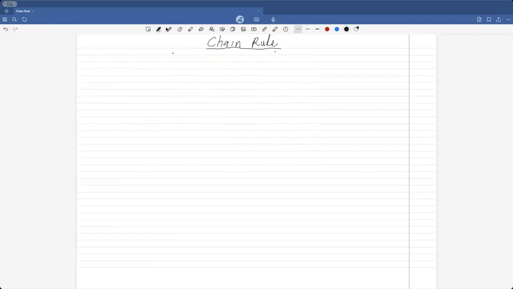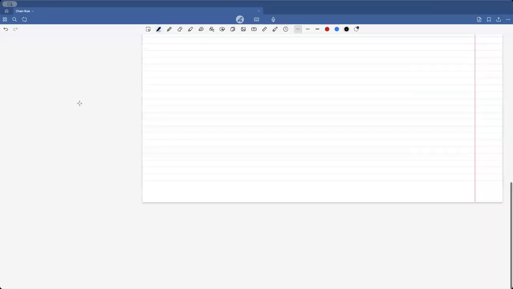So we have exercise number 1. f(x) equals the square root of 4x minus 3.